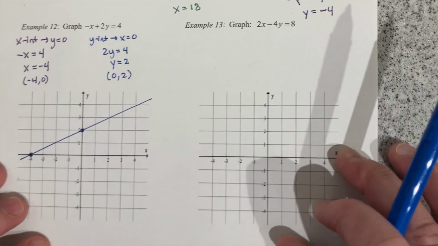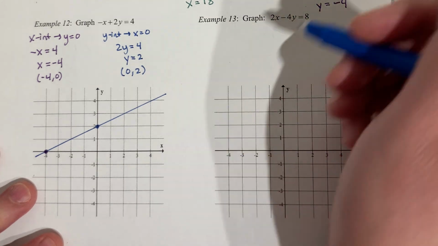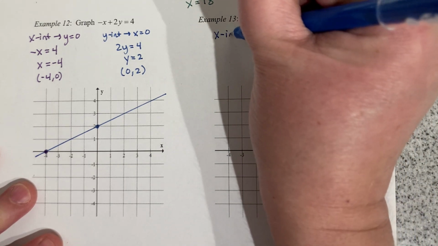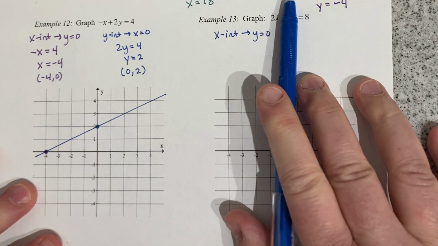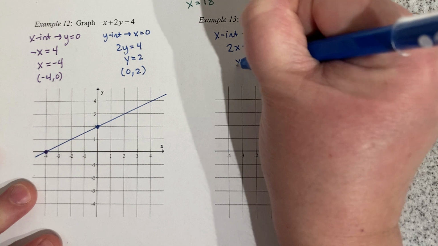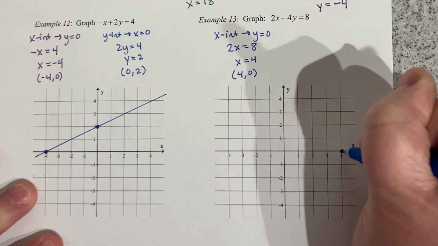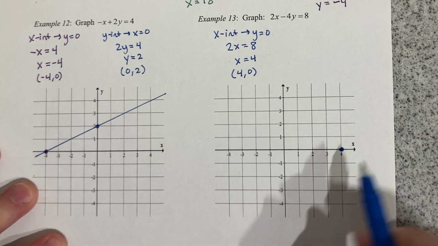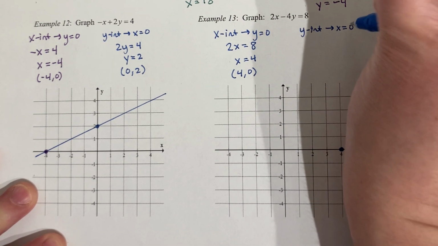All right, let's try another one. Let's see. For x-intercept, we plug in y equals 0 or ignore y. 2 times x equals 8. 2x equals 8 means x equals 4. So it's the point 4, 0. This is where x equals 4. For a y-intercept, we're plugging in x equals 0.